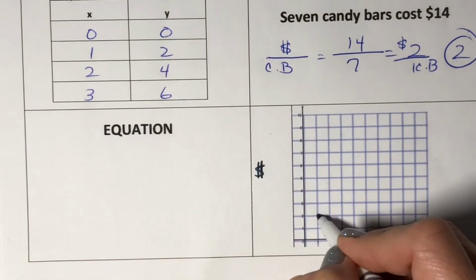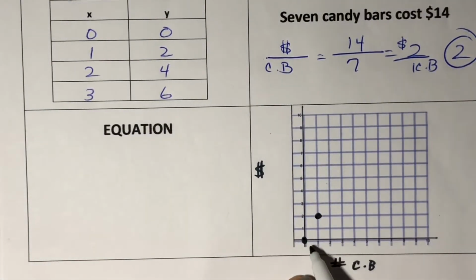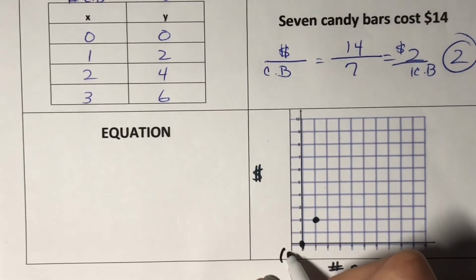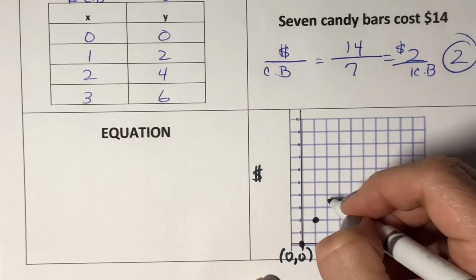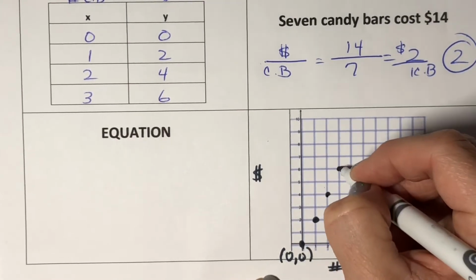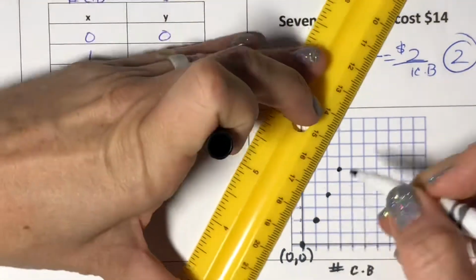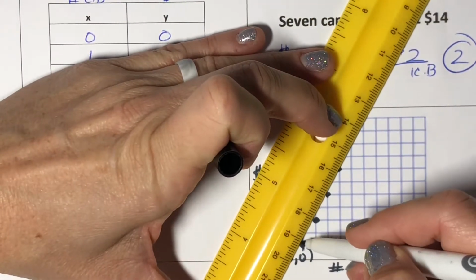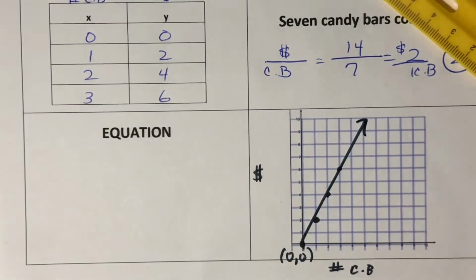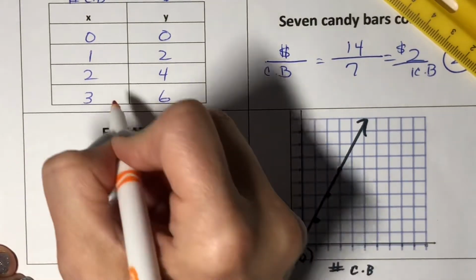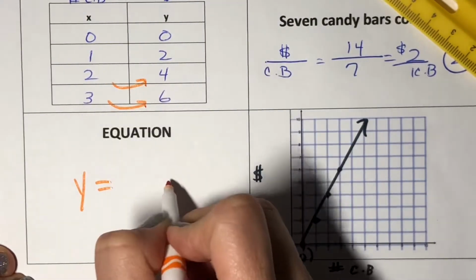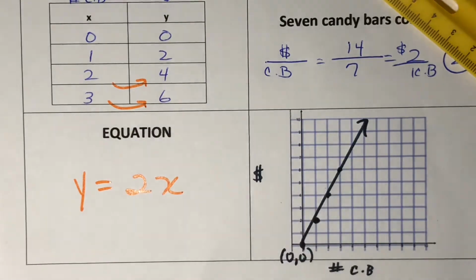First of all, if I don't buy any, I don't pay any, right? This is my origin. 2 would cost me 4, 3 would cost me 6, and I could extend this line and keep going and going and use it to predict, right? And that makes sense, then, that our equation for this one would be that all of my Y values are just equal to my X value times 2.